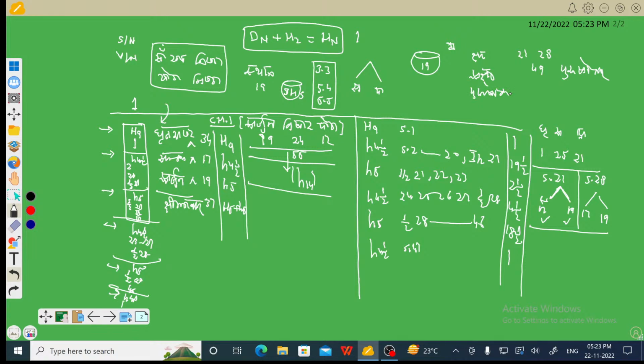This takes us to the values 12, 13, and it is called Uttam, 22.